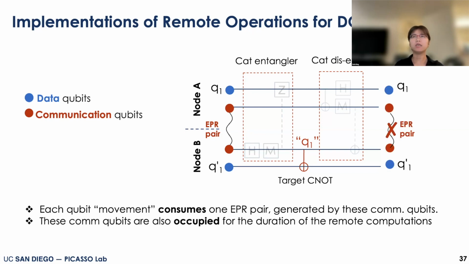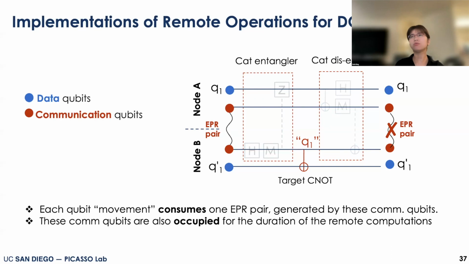I have to say, one of the most important resources we consume here is the EPR pair, the virtual channel. Each data movement will consume 1 EPR pair generated by the communication qubits. Another thing is that the communication qubits are also occupied for the duration of the remote communication.